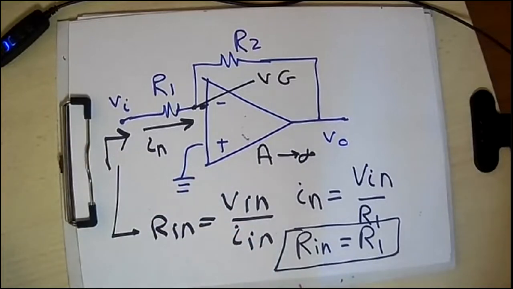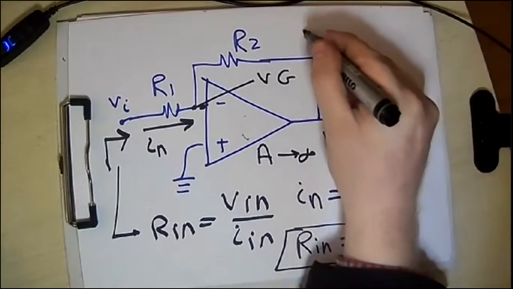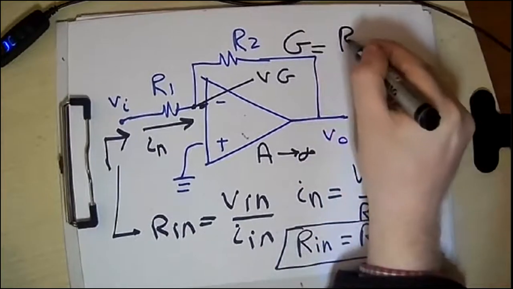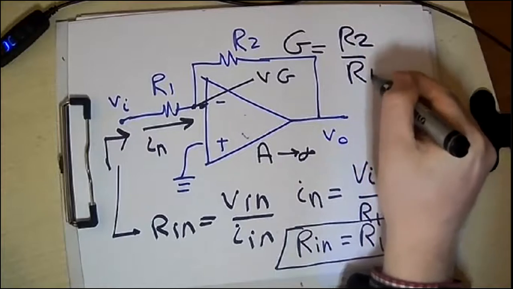Accordingly, if R1 is very large, which is a requirement from the input resistance point of view, this will automatically have a contribution or reflection on the closed loop gain, which is equal to R2 over R1.